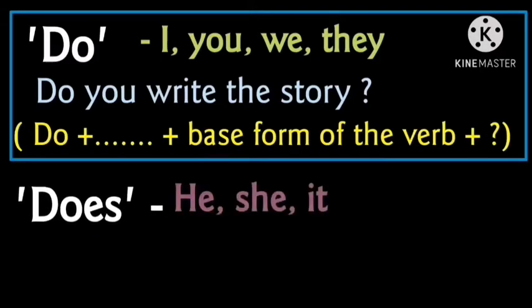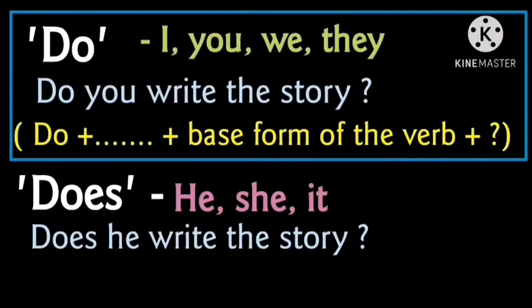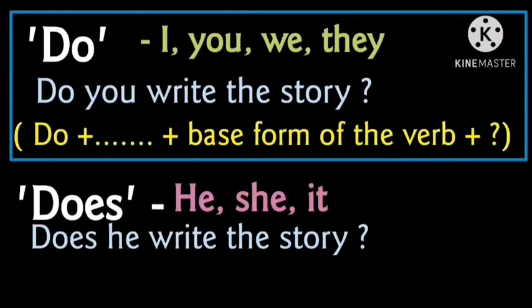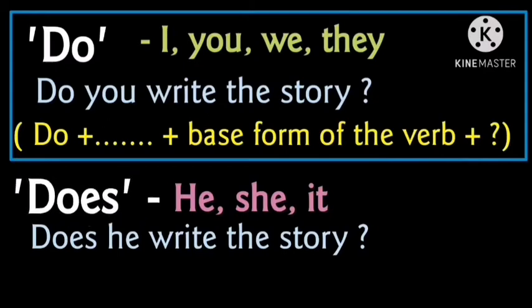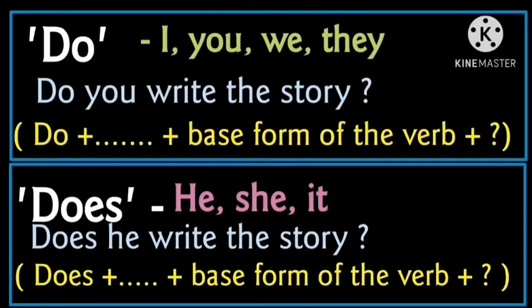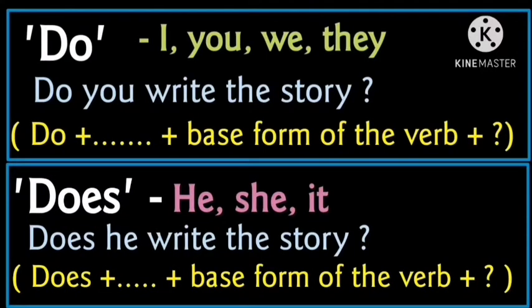Then where we can use does. Does with singular subjects like he or she or it. For example, does he write the story? The format is does plus the subject plus base form of the verb plus the question mark. We are writing the question, so question mark is a must.